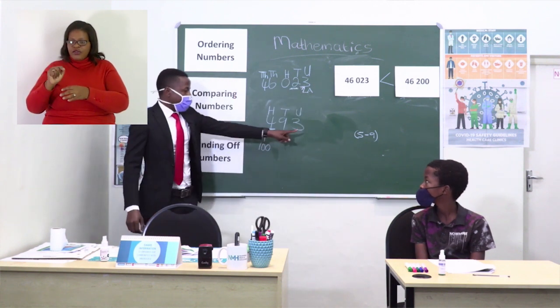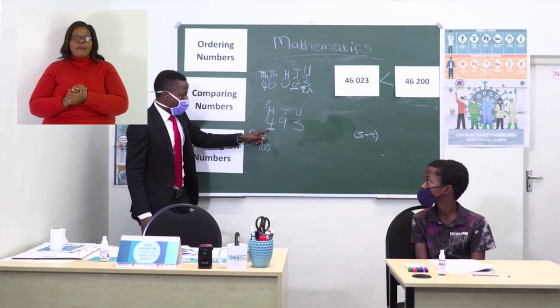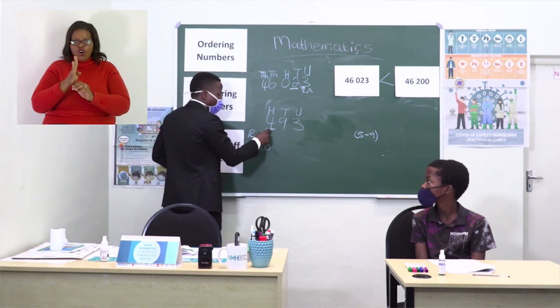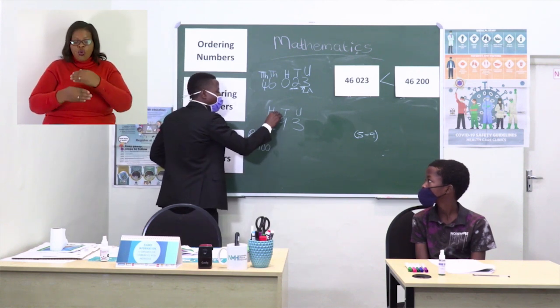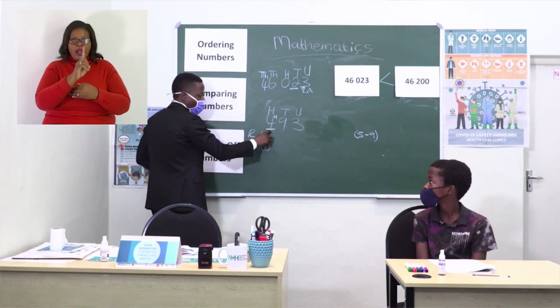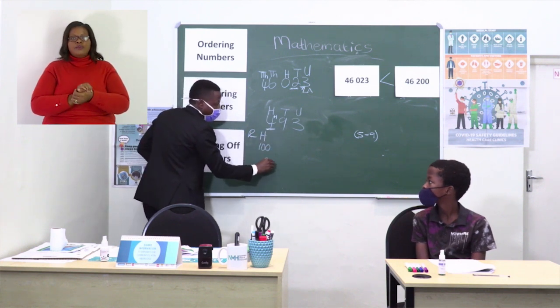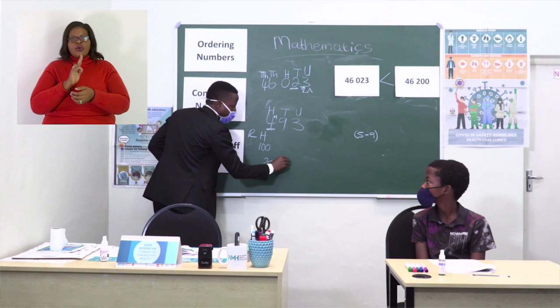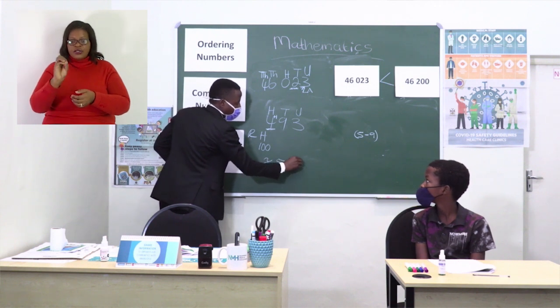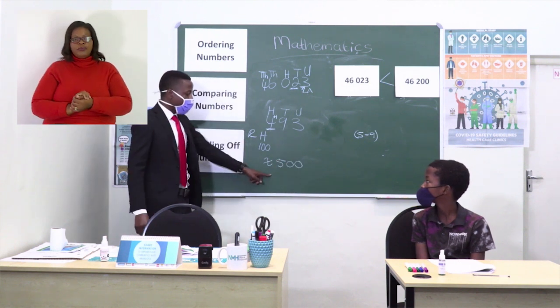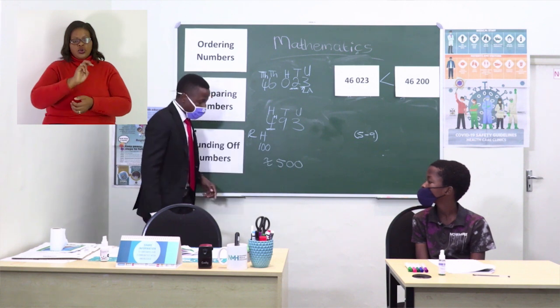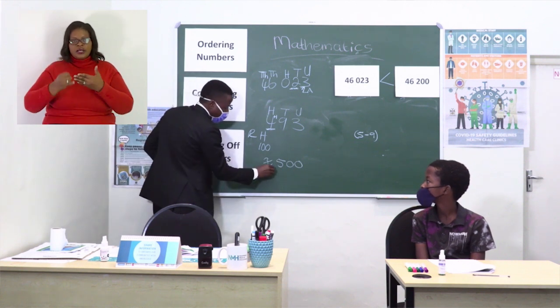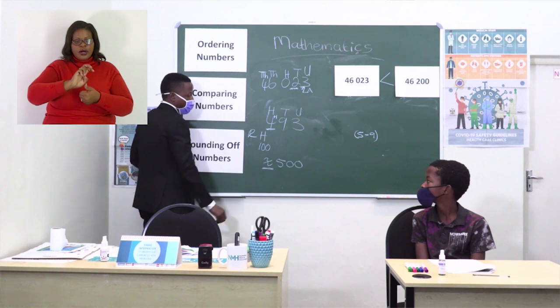If 9 is in that category, it will change 4. And by changing 4, we are adding 1 to 4. And our answer will become 500. And that will be your final answer. Remember, approximation is very important.